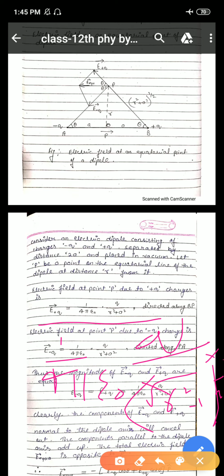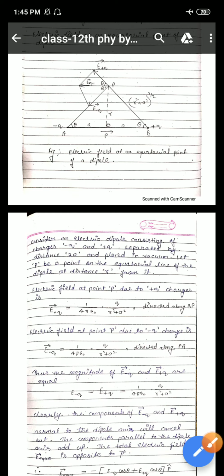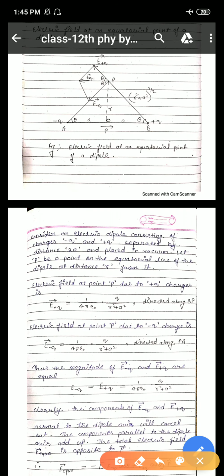So the electric field at point P due to plus charge is 1 upon 4 pi epsilon naught q upon r square plus a square, along BP. Because this one is a positive charge and this one is a positive charge, they repel each other, so the direction is along BP.